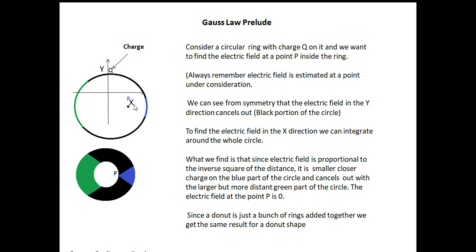This is the x-axis and this is the y-axis. I'm sorry for this shift. This is my point P. This x is basically for the x-axis. Now we can see from symmetry that the electric field in the y direction cancels out, because this entire figure is shifted, this should be extending here.